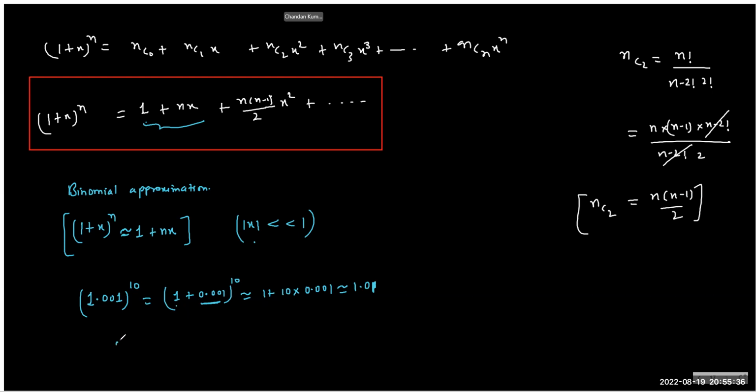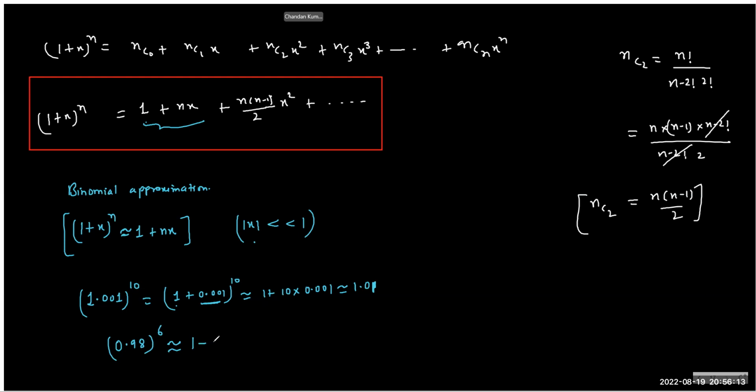If someone asks you to find the value of 0.98 to the power 6, roughly how much is that without using a calculator? Can you tell me this value without using a calculator?